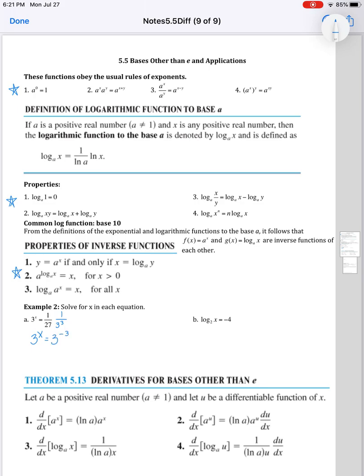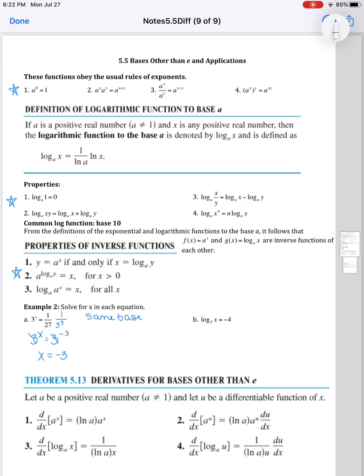So before we do anything though, we're going to recap some of the algebraic ways of solving these. In Algebra 2, what we used to do is if you had 3 to the x equals 1 over 27, your goal for this type of problem, because you don't see any extra words there, is to get it down to the same base. So you say to yourself, oh, well, 27 I can get in terms of 3's.